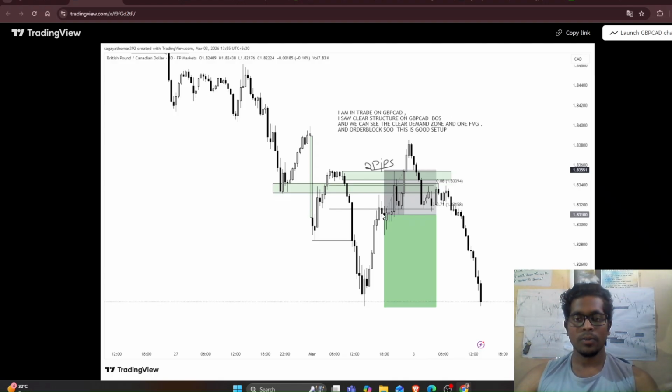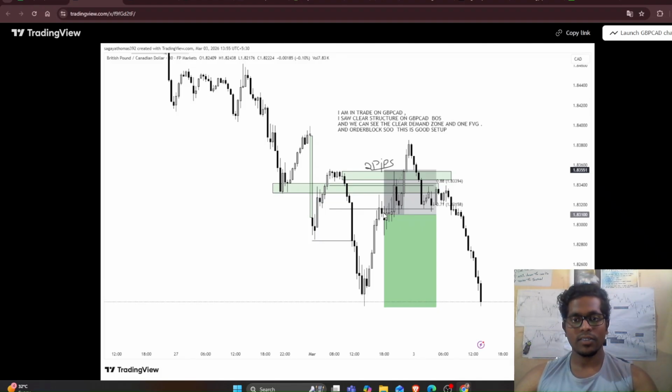I was a bit confident on this trade. Why? Because we have a clear FVG and a previous resistance level as well, and we have our order block zone over here. So I took a trade with 2% risk on my account. This was the clear reason why I took this trade for selling.